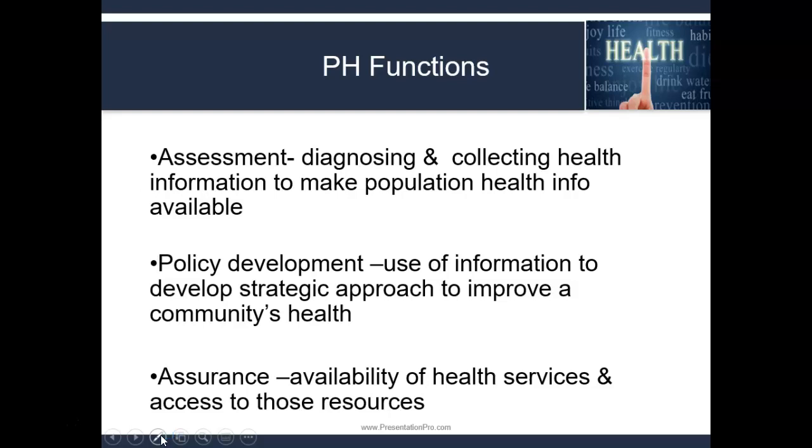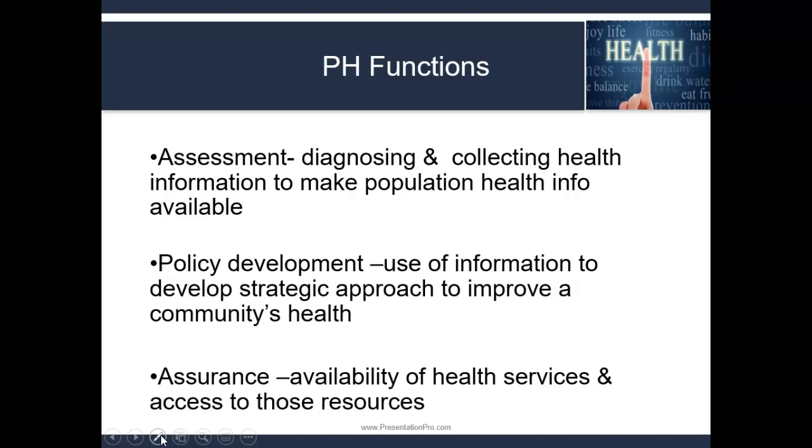Assurance, availability of health services and access to those resources. So when we understand from an assessment point, when we collect the health information and we have a good diagnostic understanding of what is going on in terms of public health, and then we're able to use that information to develop the policies, now we can also understand what services are available or needed for people from a public health standpoint.